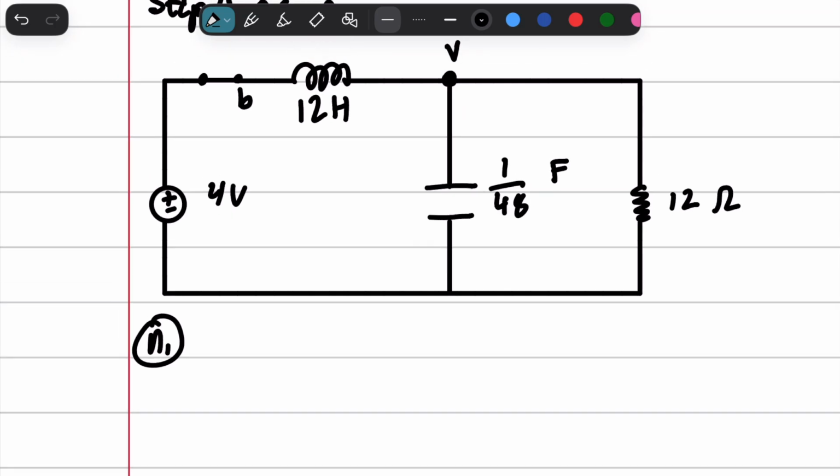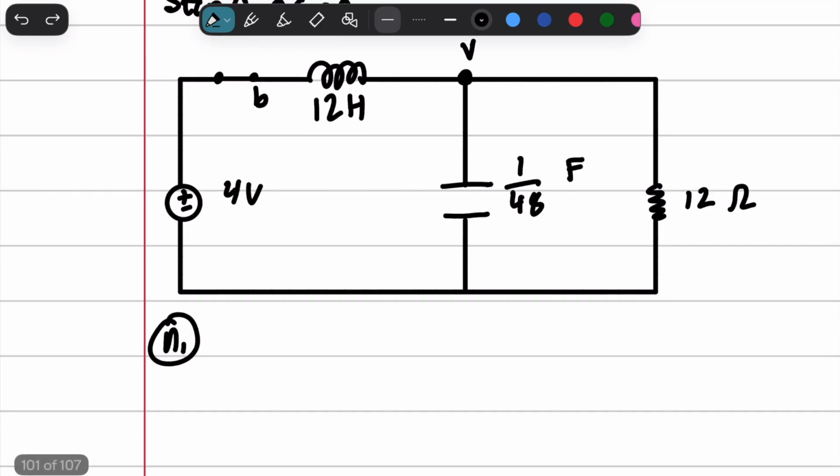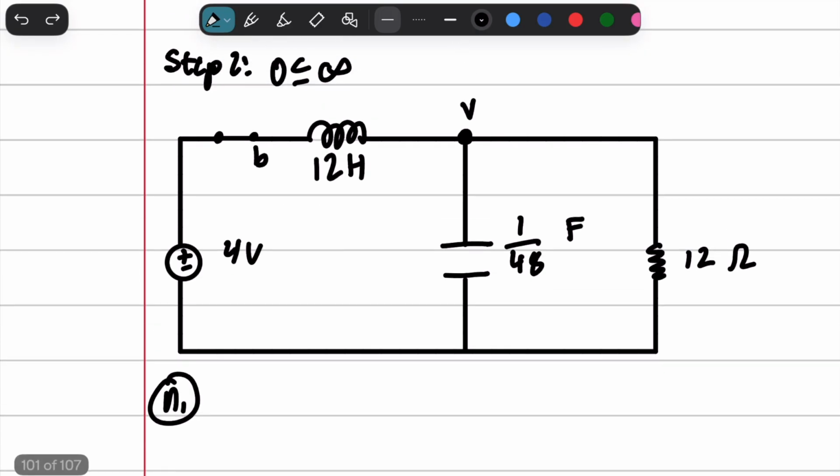So for our nodal analysis, we're going to say we've got V. Now, the question right here, what are we going to do right here? Well, we want to find V, and we know that we have to go up 4 volts and up VL volts. So this branch is going to be defined as VL plus 4, but we can only apply that equation to the inductor.